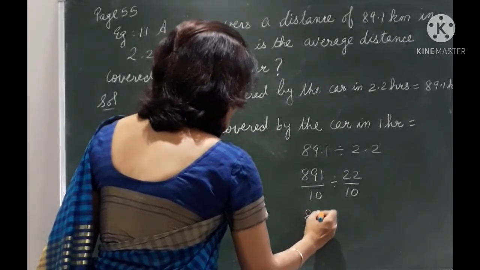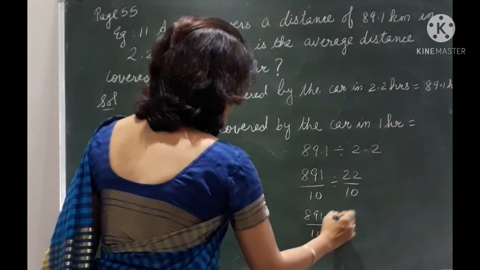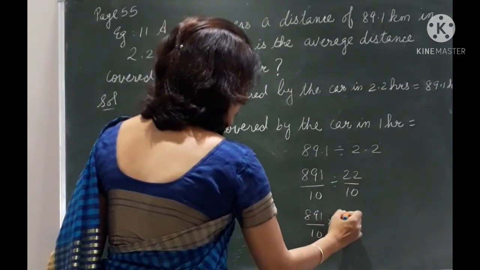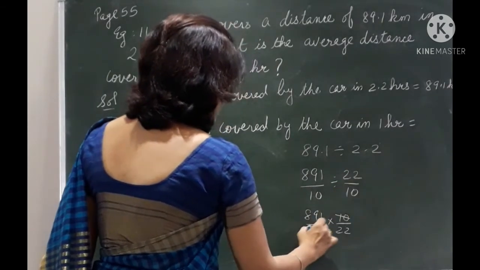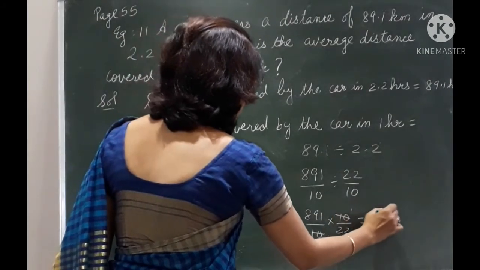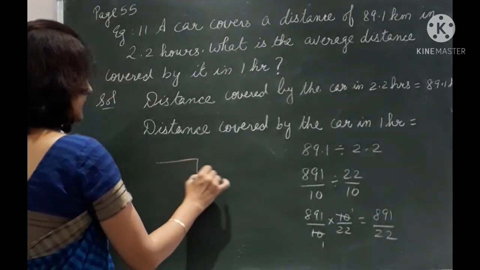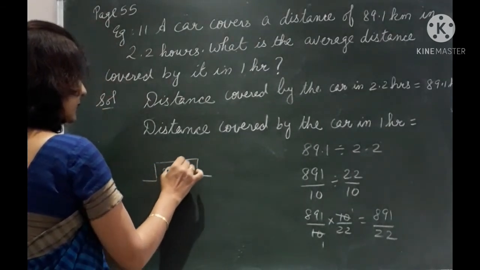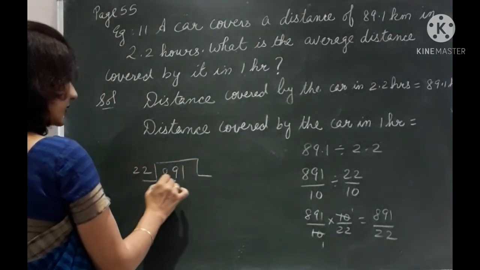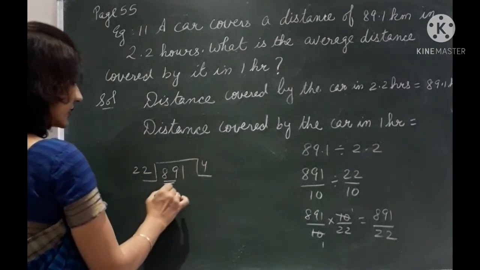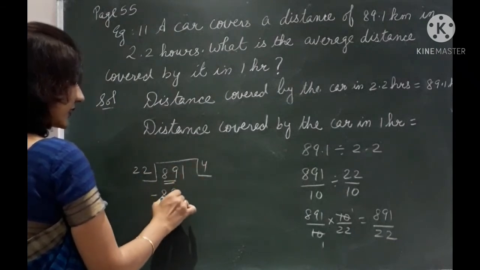So 891 upon 10 multiplied by the reciprocal of the second fraction, 10 upon 22. This 10 and 10 will cancel. So you are left with 891 upon 22. Now you can divide and see. 891 divided by 22. Take these 2 digits. 22 fours are 88. 9 minus 8, 1.